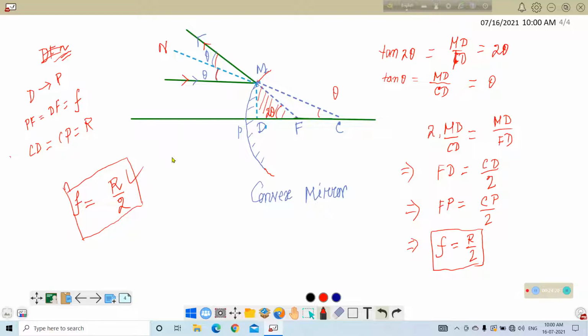Now this video has been prepared in accordance with the NCERT book, page number 312. Actually, I am following the hard copy of the book, NCERT, class 12, part 2.